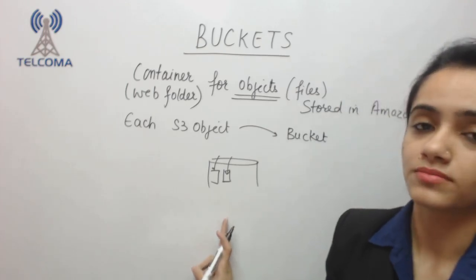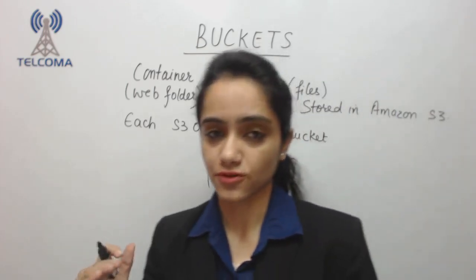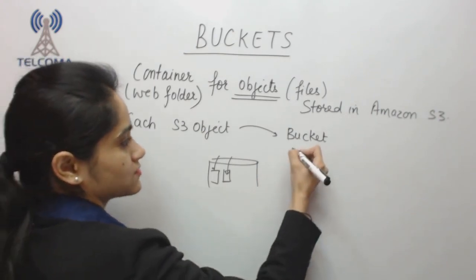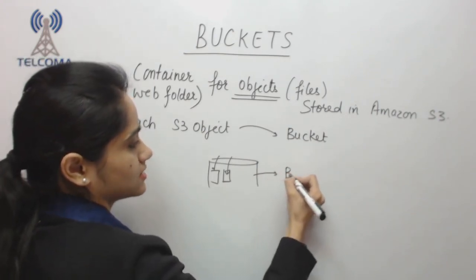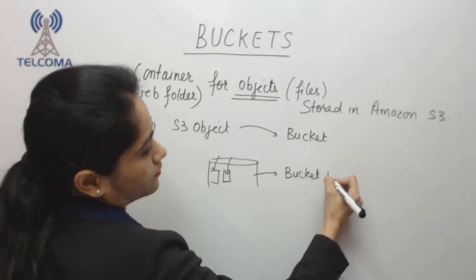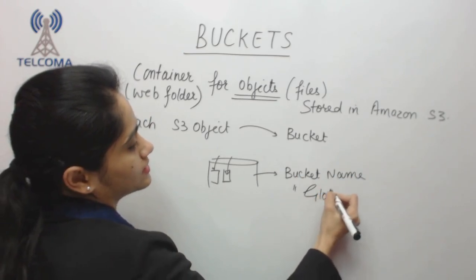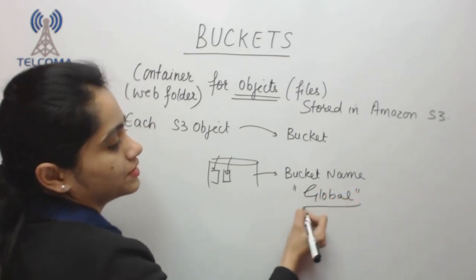Now buckets form the top level namespace for Amazon S3 and the bucket name is global. That means whatever the name of this bucket, we want this name to be global in nature. That means it should be unique.